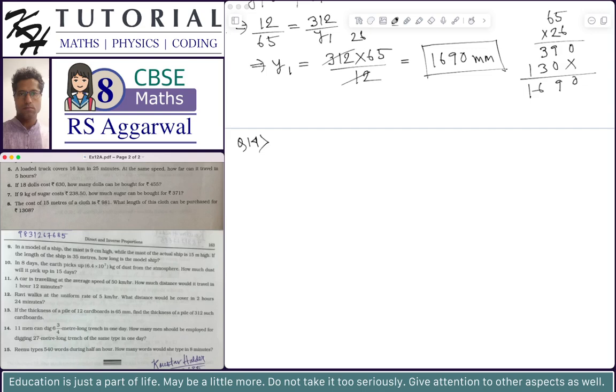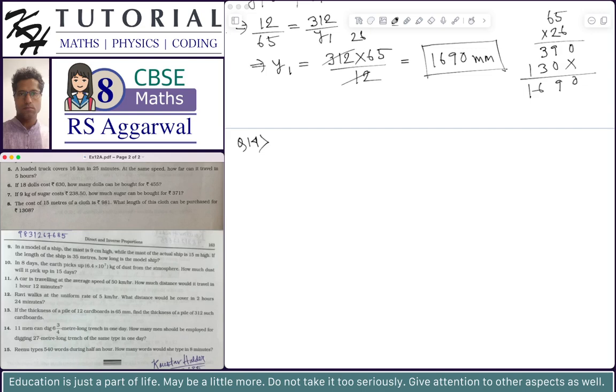I can guess it is a kind of hole like a tube well. Anyway, it is saying that 11 men can dig a trench of a certain length, that is 6 and 3 by 4 meter long, in one day. So how many men should be employed for digging a 27-meter long trench of the same type in one day?